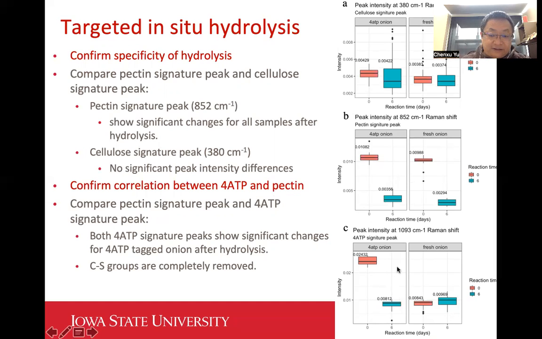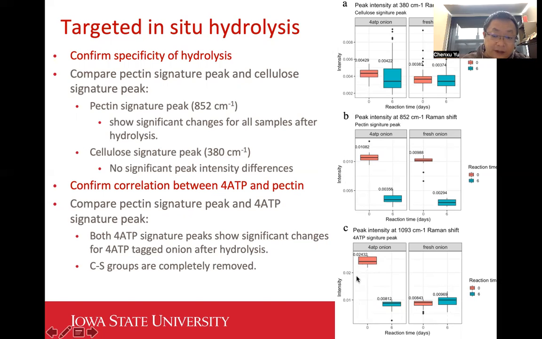And the third is for the 4-ATP peak. Again, 4-ATP labeled with nano enhancement, we can clearly see a very significant change in the 4-ATP peak. There's no such change observed in fresh onion because there's no 4-ATP for the fresh onion, right? And the reason why we're comparing this is you can see the scale of the intensity change for 4-ATP is almost double the scale of the pectin peak change.